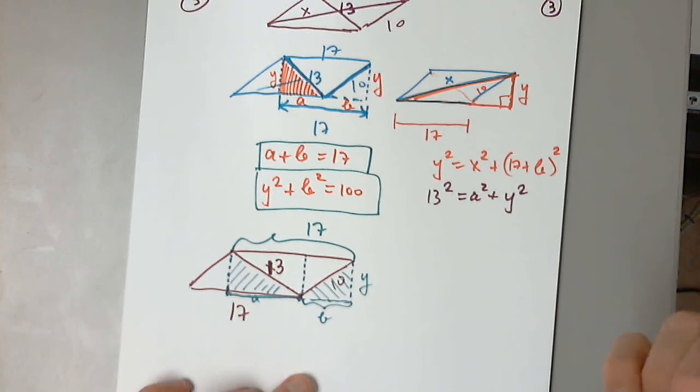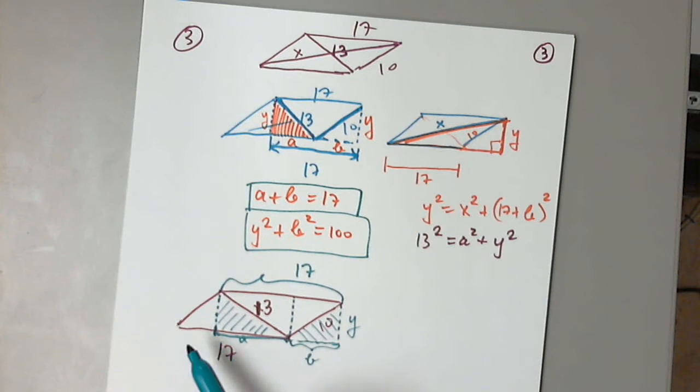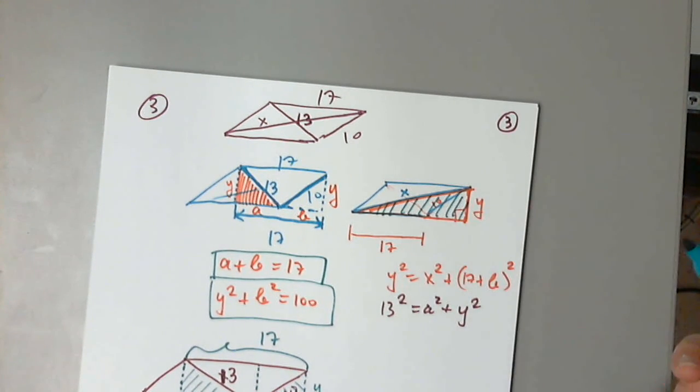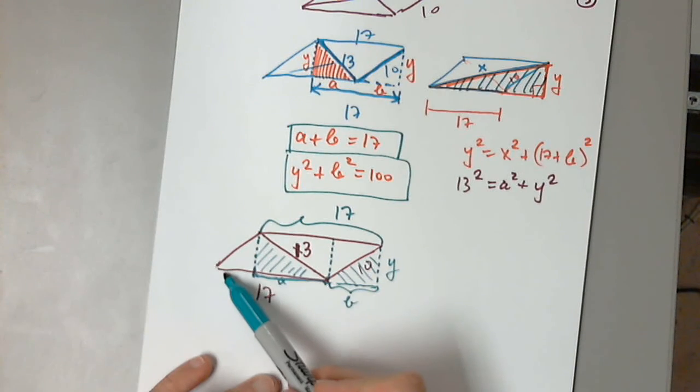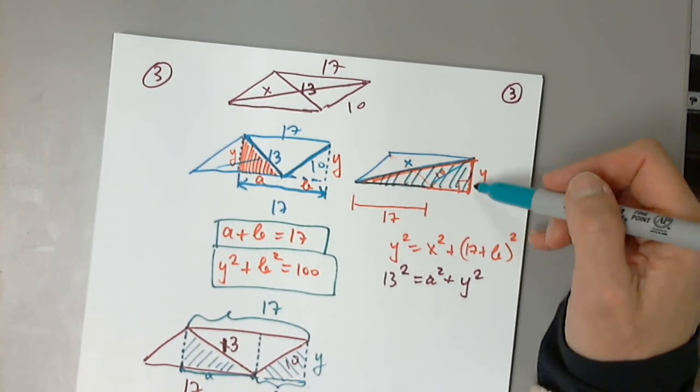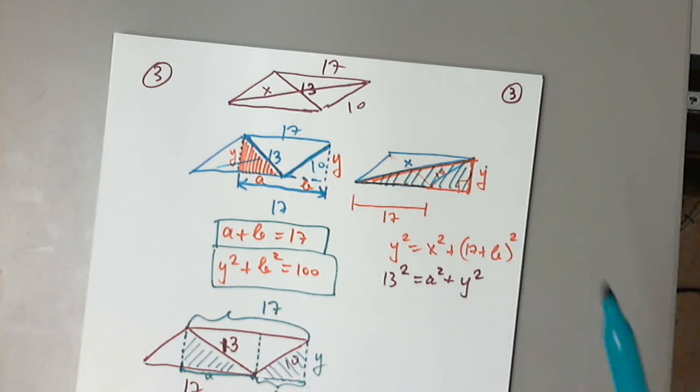Then, remember, I'm trying to find this. So I formed another right triangle in which I have definitely 17 plus b as one leg, the other leg y, and the hypotenuse x. So x squared equals (17 plus b) squared plus y squared.